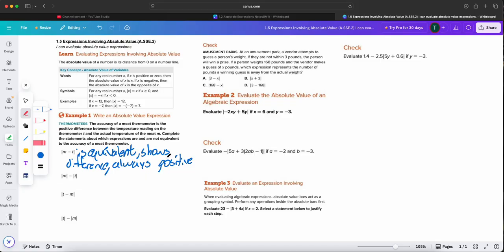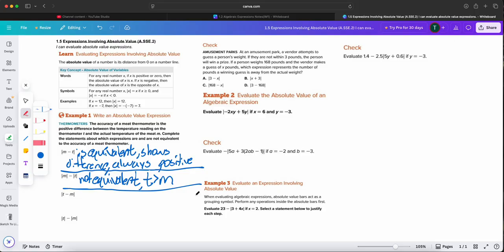So in this case, it's not positive, so this one is not equivalent. It won't be equivalent when T is bigger than M, because you're applying your absolute values first.